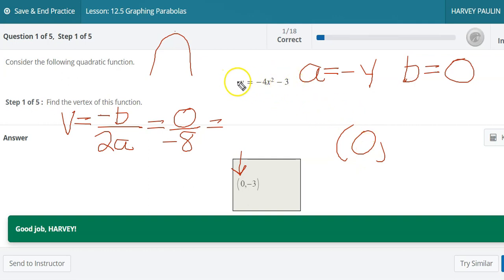So our y value, y equals a negative 3. And that's our vertex. Now, what is our axis of symmetry? Well, we said that already. Whatever is in the x position of the vertex is your axis of symmetry. So x equals 0. All right, now let's go on.